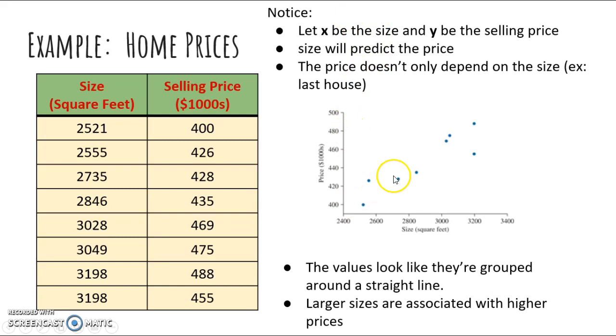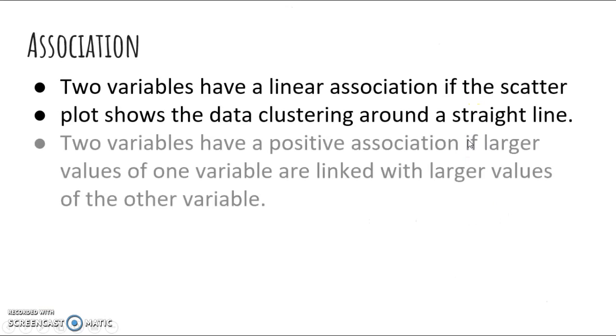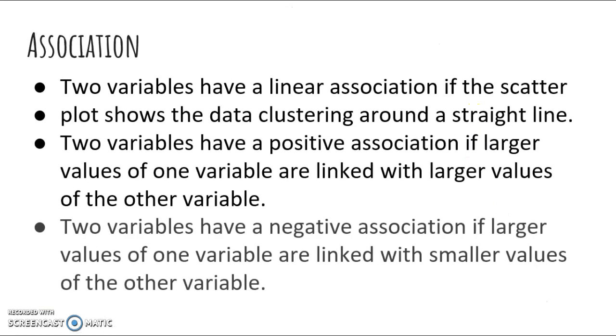This is a positive association, a positive correlation, because large x values are associated with large y values. Two variables have a negative association if larger values of one variable are linked to smaller values of the other variable. So if it looked like the larger the house was, the price was going down, it would have had a negative association, but it didn't. It had the positive.